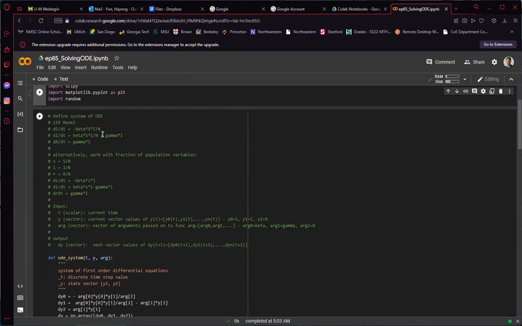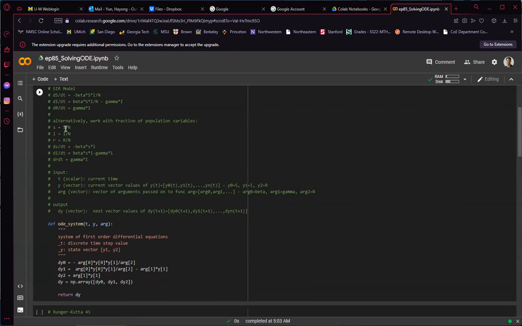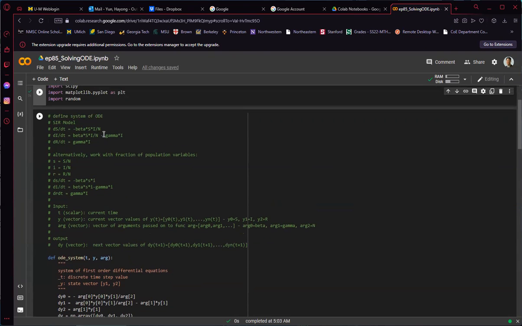So beta times S times I divided by N, with a positive sign, minus gamma I, and gamma I here. A common form is that people sometimes think of small s as the population, small i as the population infected, and small r as the population recovered. People work with this equation instead, but we'll just work with this here.